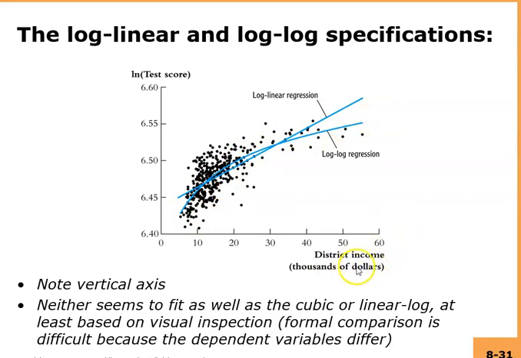Keep in mind that the x variable over here on the x-axis is not logged, so the log linear gives me a linear relationship, while the log gives me a curve. So it all depends on what you have on your vertical axis and on your x-axis, and that will determine whether the specification is a straight line or a curve.